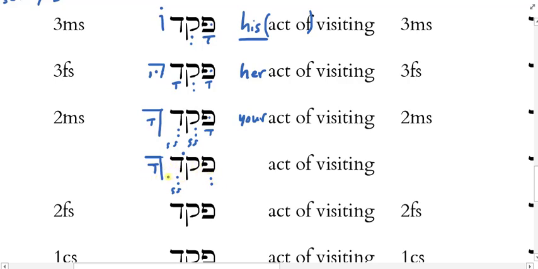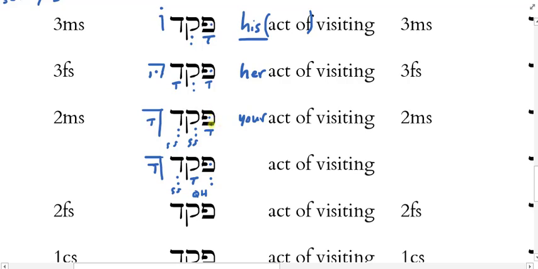What's going to happen? Where's my stress? The stress is on the end, which makes this closed and unaccented. I can't leave that holem there because it's long, and closed unaccented syllables require a short vowel. So I could get that with a kametz katuf. Okay?